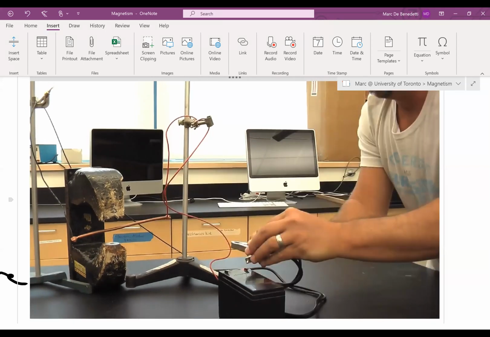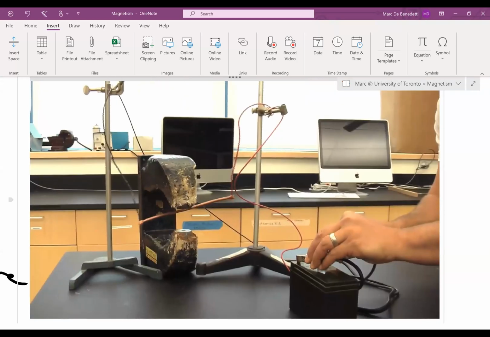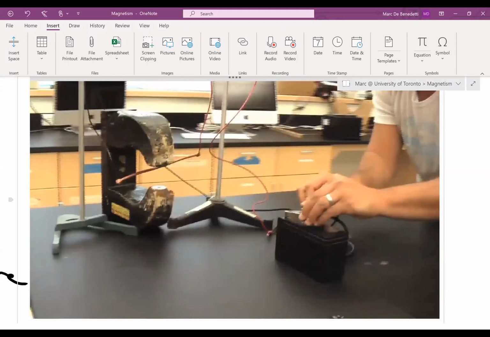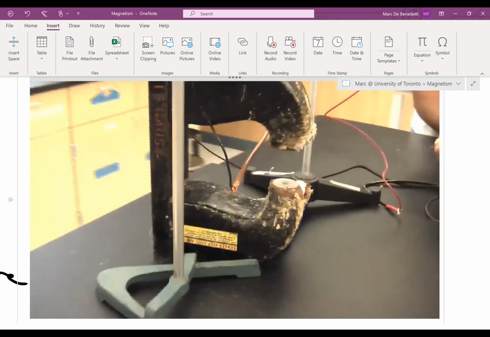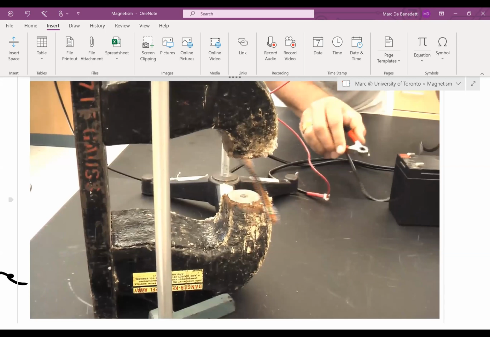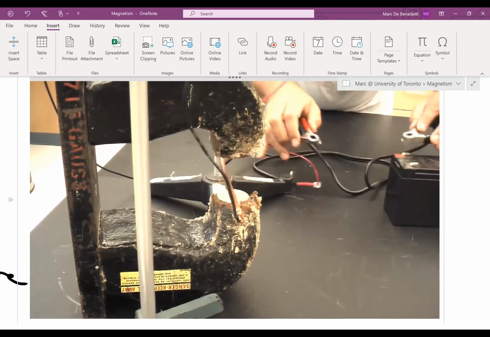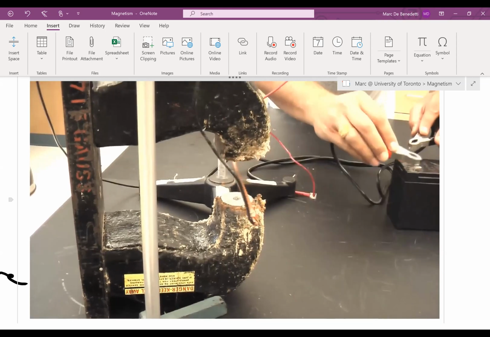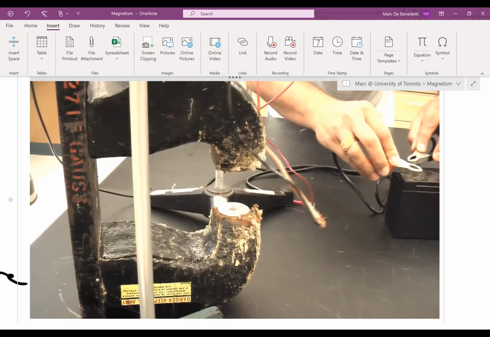And sure enough, we get an inward force. Now, if I reverse the direction of the current, we expect an outward force. I'll get this out of the way. And there you see it, floating there.